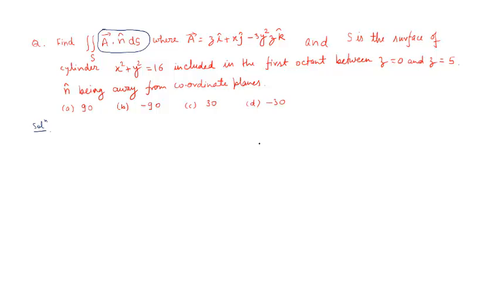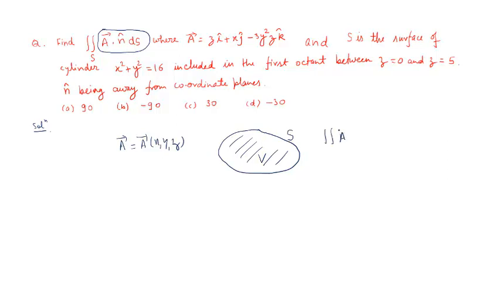According to the Gauss Divergence theorem, if we have a closed surface S, enclosing a certain volume V, and there is a vector field A which is differentiable along this surface and has continuous partial derivatives, then the surface integral A dot n ds over this closed surface is the same as the volume integral of divergence A.